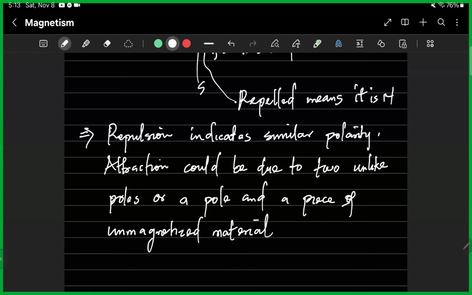Attraction can mean two things: that the two poles are of opposite polarity, unlike poles, or that the material is unmagnetized.